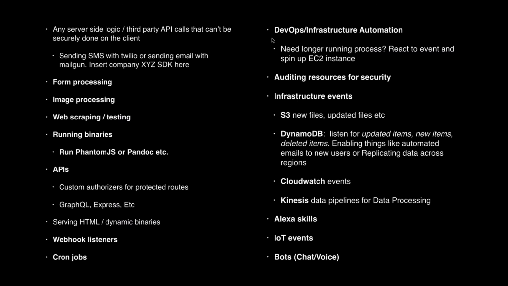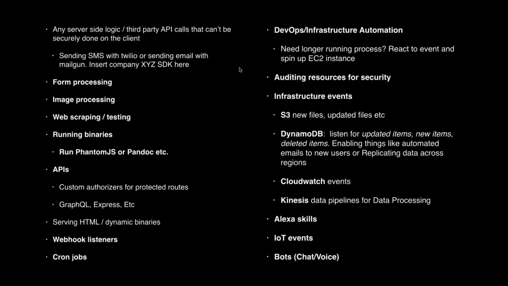You can run a cron job or use CloudWatch alerts to trigger a Lambda function to make sure that everything is in compliance. If not, then automatically spin down that EC2 instance or send yourself a PagerDuty notification, or use your imagination. You can do a lot of things there. And there's a good tweet that was sent in as a use case of this, which I'll jump into. I think it's the next slide.